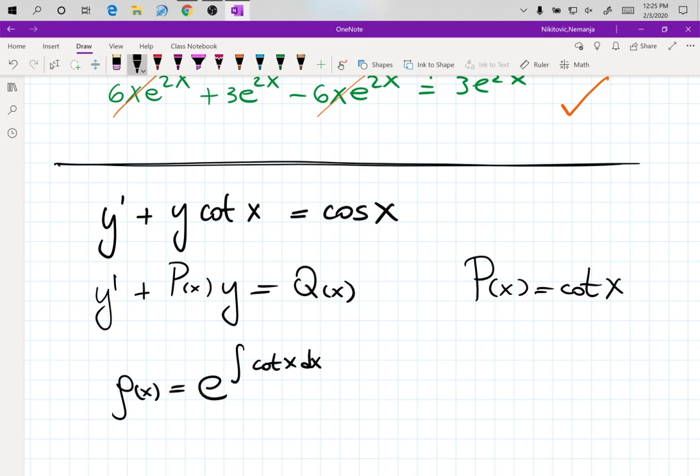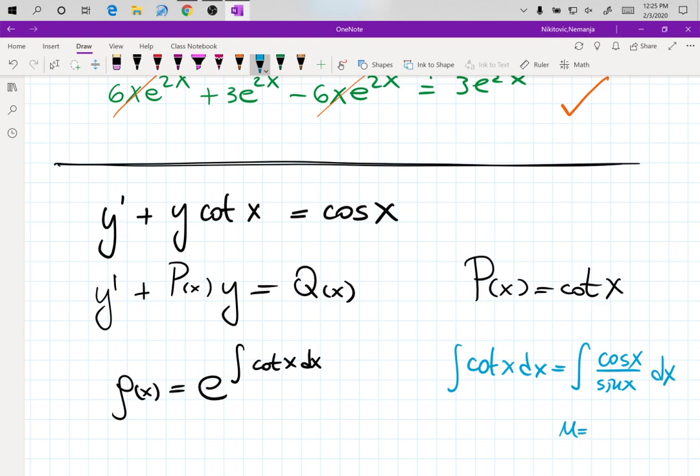All right. So we are going to integrate this. Now, let's say you don't know the answer, right? And you have to integrate the long way using u sub. We can do this integral in blue on the side, integral of cotangent x dx, which is integral of cosine x over sine x dx.